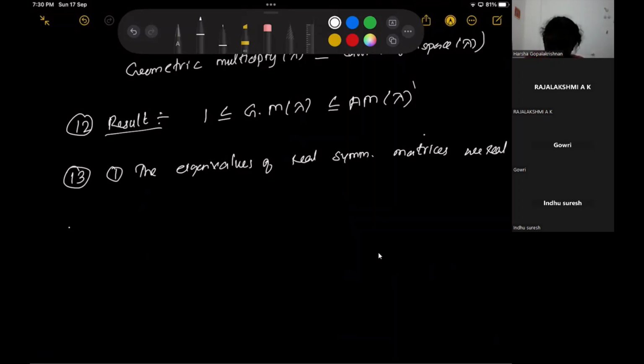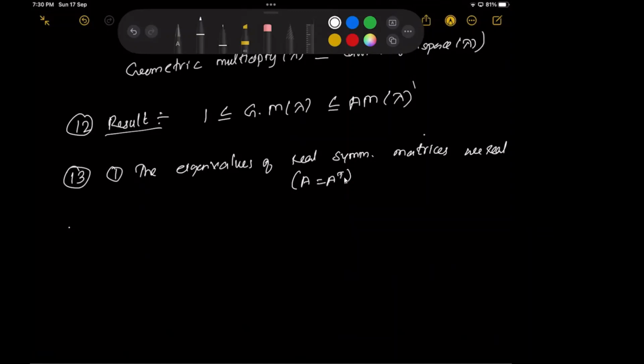Real symmetric matrix means A is a real matrix and A equal to A transpose. In this case, the eigenvalues of this matrix will always be real values. It cannot be complex or any other number. It is always real.